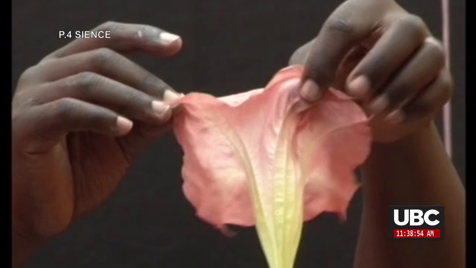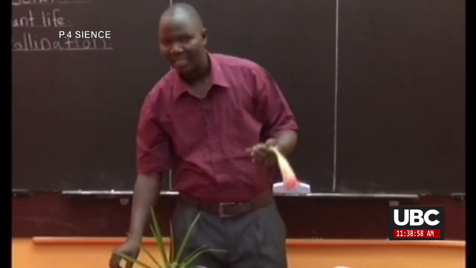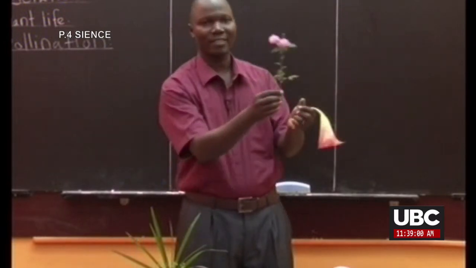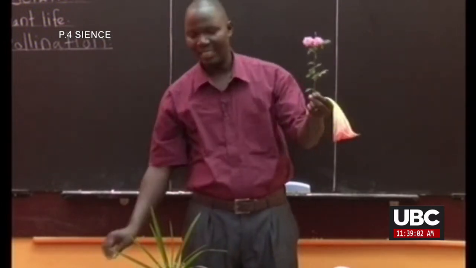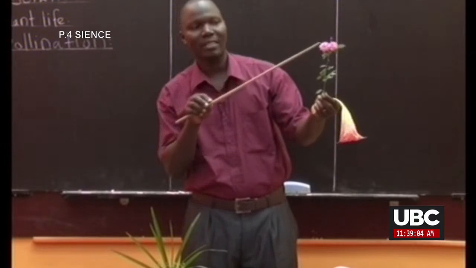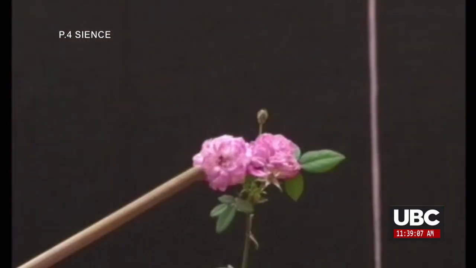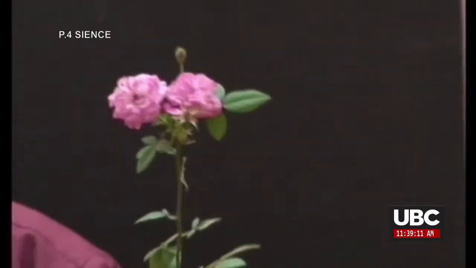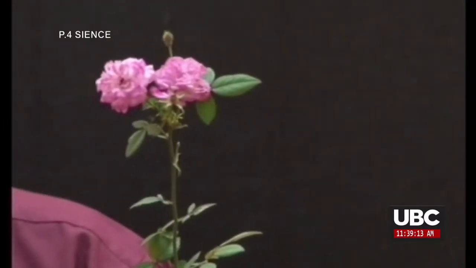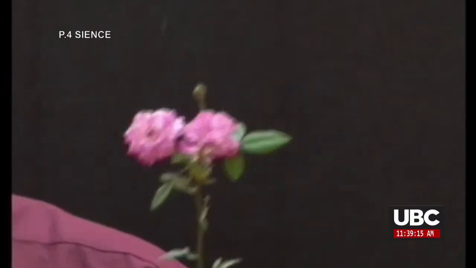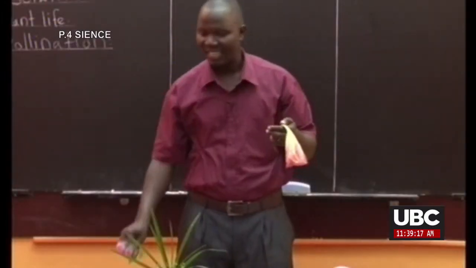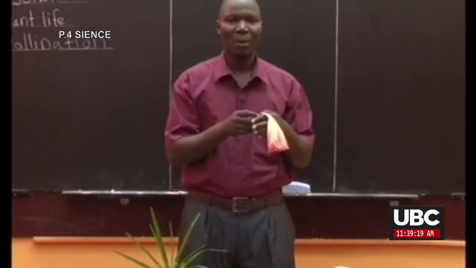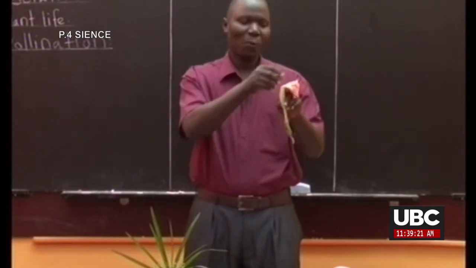They could be of different colors. It could be this, it could be that. These parts of the flower, we call them petals. Petals is the name of this part, and we say they attract pollinators.